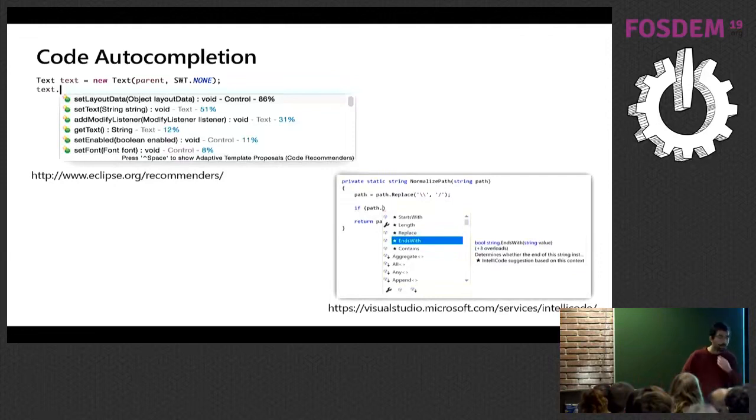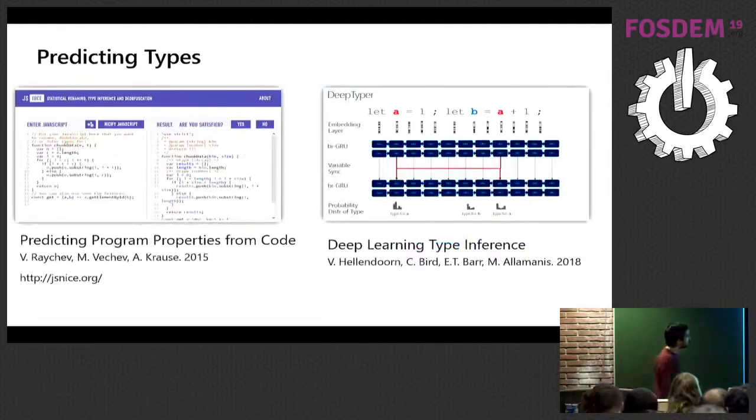But there have been other things going on in the last maybe 5-6 years. One thing I wanted to show here is this idea of predicting types. JavaScript is very common nowadays, as you probably know, and there are a few pieces of work that take an untyped snippet of code and try to predict the most probable types for your code.